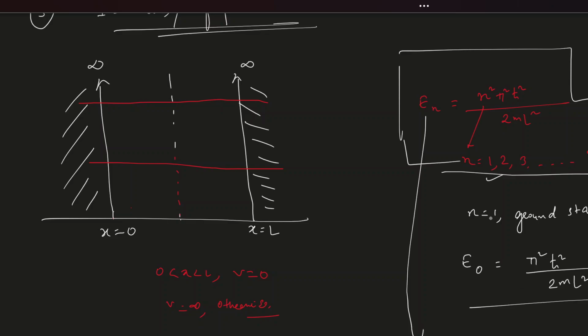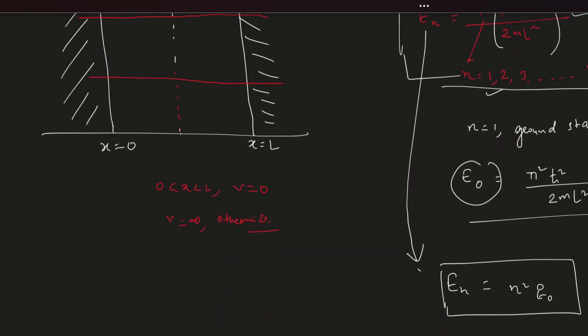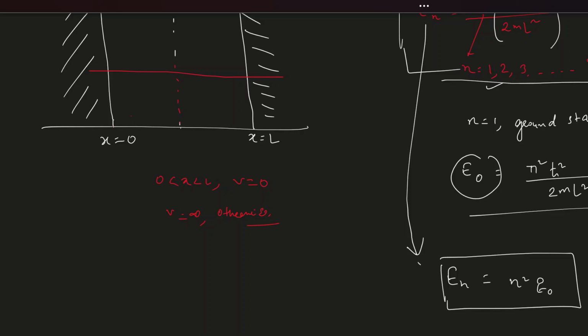So this is a very useful and simplified form that you can write down for this particular case, where they have mentioned that E naught, the ground state energy, is this. All the other excited state energies can be written as n squared times E naught, where n is the quantum number that signifies what state you are in. If you are in the ground state, then n is 1, and En is simply E naught.